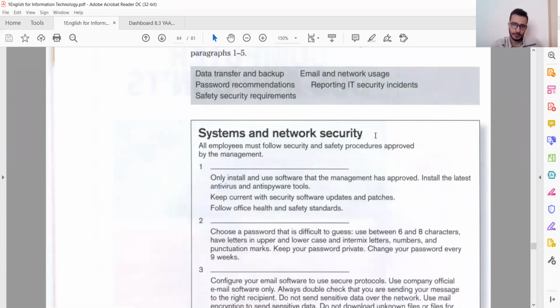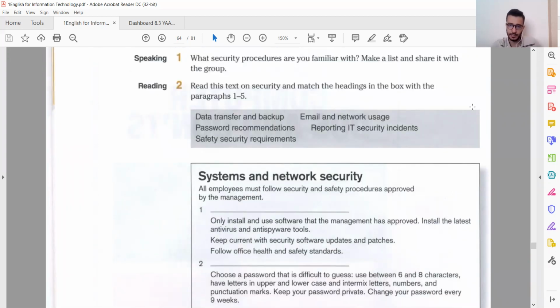Now we have here five headlines, five headings, five topics, خمس عناوين, okay? Data transfer and backup, email and network usage, password recommendations, reporting IT security incidents, and safety security requirements.